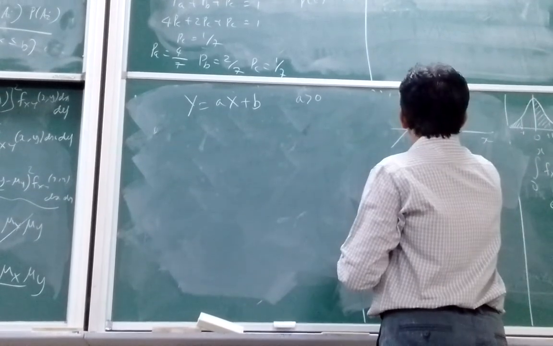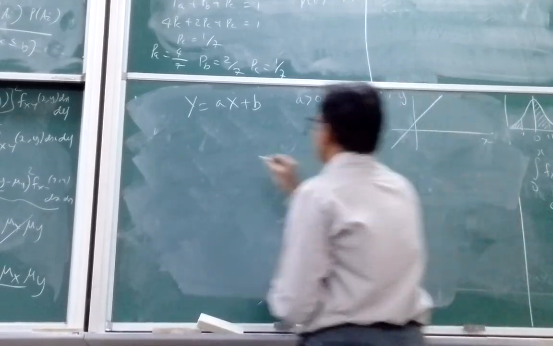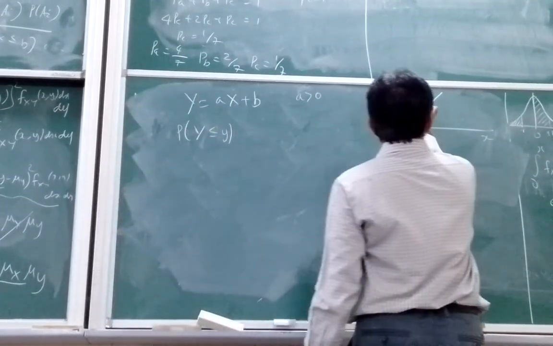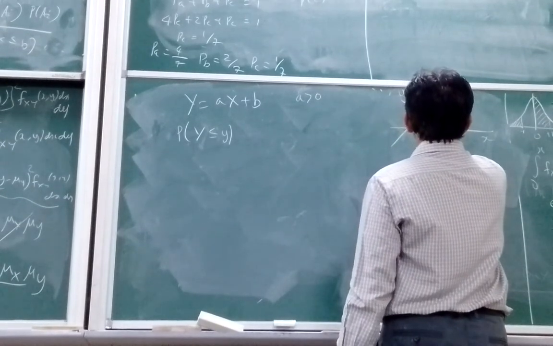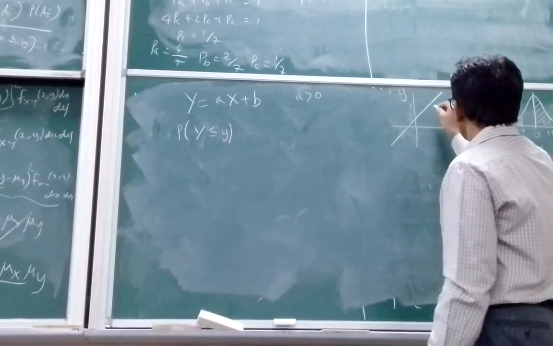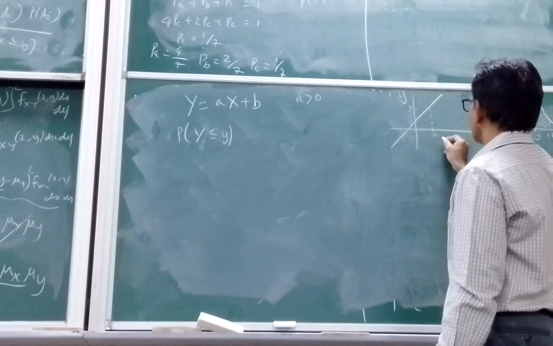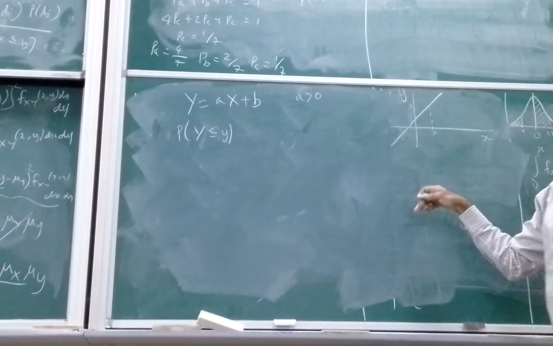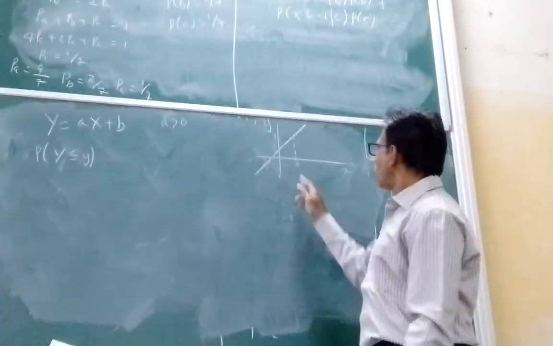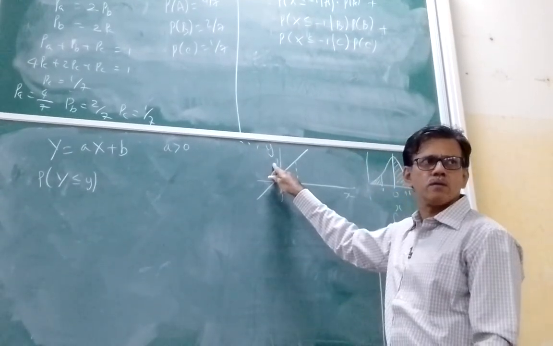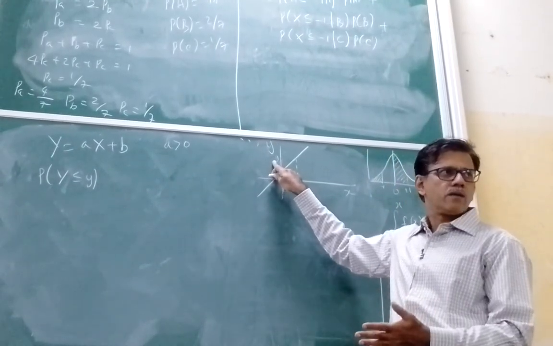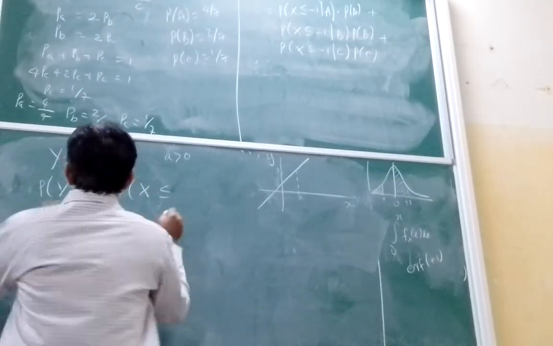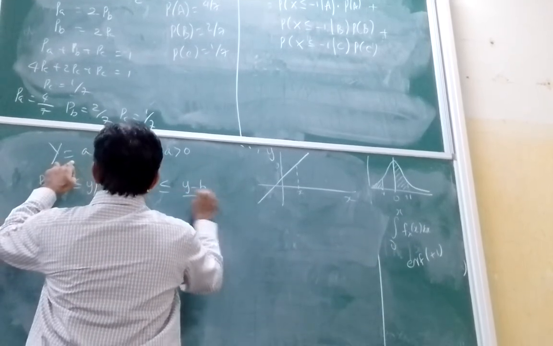Then if I ask what is the probability that y is less than or equal to this value of y, I have to find the corresponding x, and for all x less than or equal to that x, y will be less than or equal to y. What is this x corresponding to this one? It is the g inverse of y. So that is equal to the probability that x is less than or equal to y minus b by a.